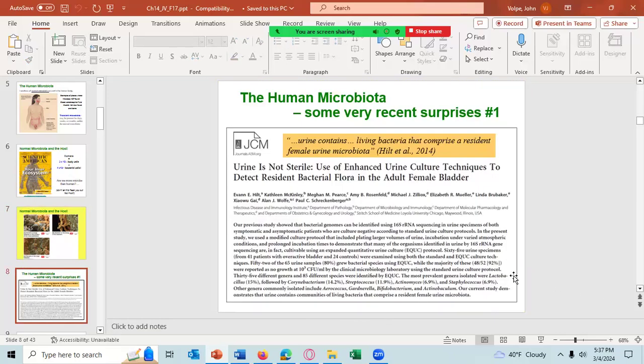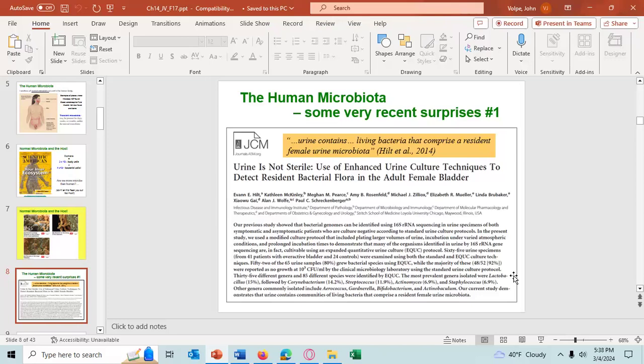We found some unusual or surprising places to find the human normal microbiota. For example, in female bladders, females have a normal microbiota with bacteria living in their bladder. It was thought that the urine in the bladder was sterile until about 2014, but it is not. Females have normal microbiota in the urine in their bladder.